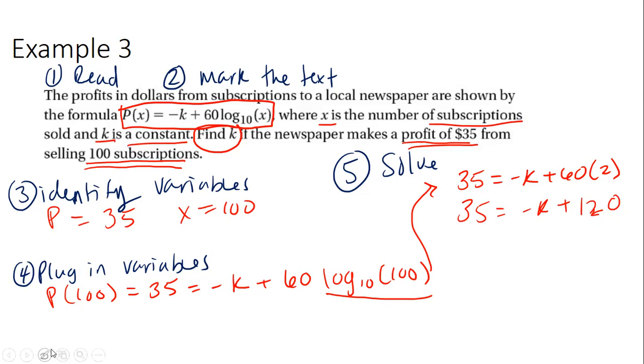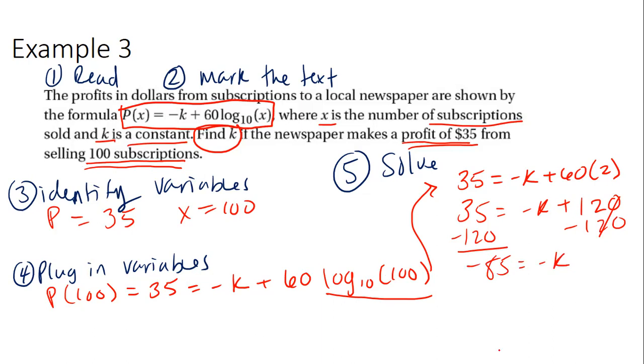Okay, my 2 got weird. All right, what's next? We're going to subtract. Okay, if you owe me $120 and you give me 35, you still owe me how much? Still owe me 85.